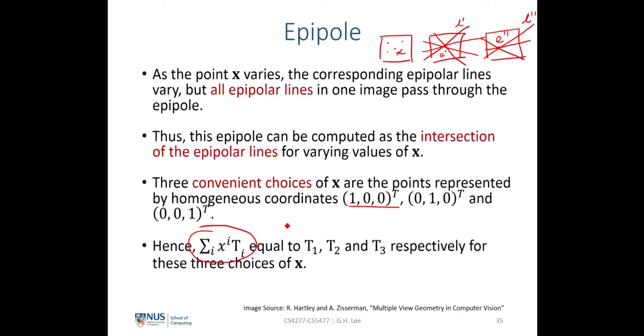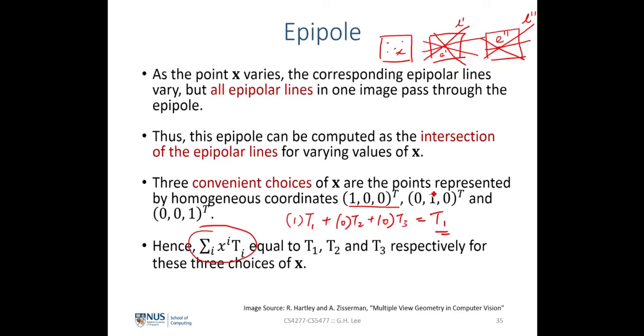We can see that the x1 over here would become 1 multiplied by t1 plus 0 multiplied by t2 plus 0 multiplied by t3, and this would simply give rise to only t1 over here. So what it means is that when the point is equal to 1, 0, 0, we simply need to compute the left and right null space of T1 in order to get the epipolar lines in the second and third view that correspond to this particular point.